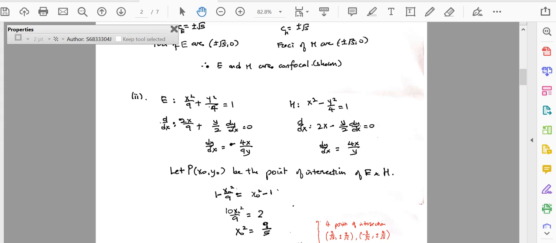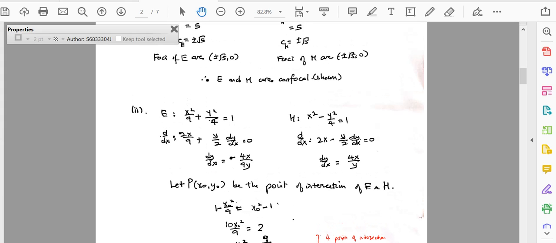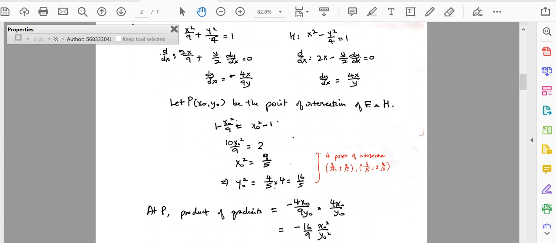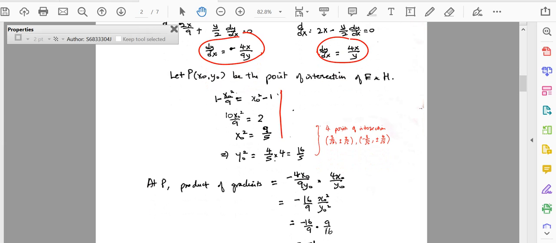The point to make here is that you have to show that when they intersect, they are perpendicular to each other. So the idea is to find the gradient. That's why we are doing dy/dx for both the ellipse and the hyperbola. The point is to show that at the point of intersection, when you multiply these two together, it equals -1. So we have to equate to find the point of intersection first.